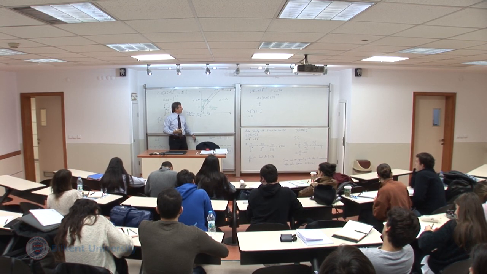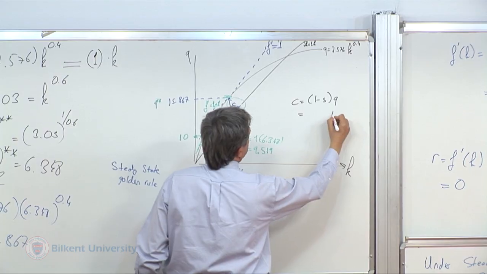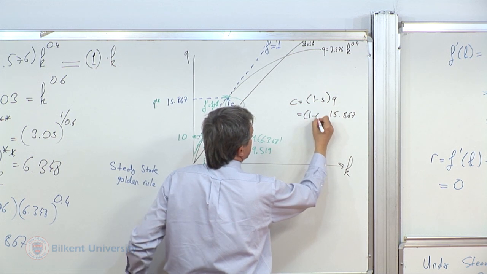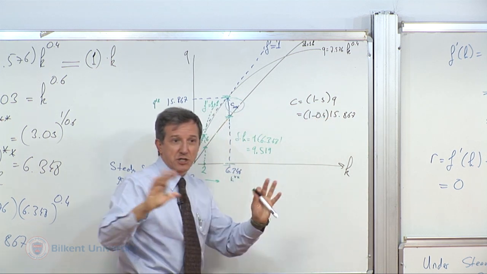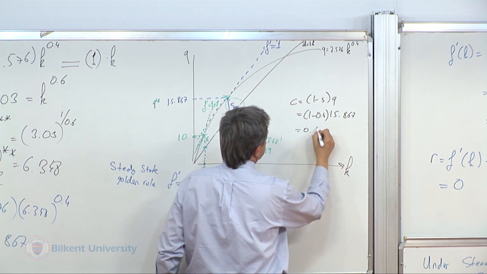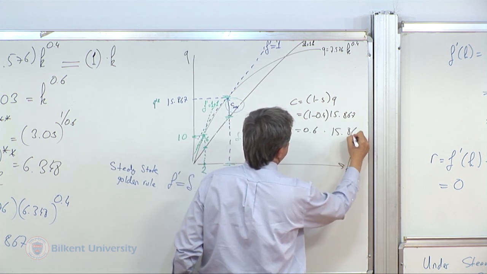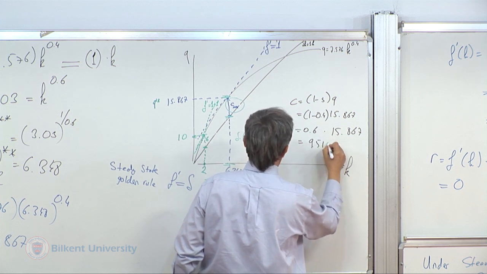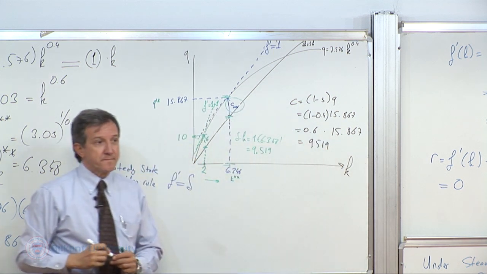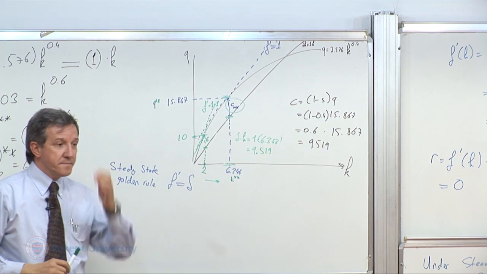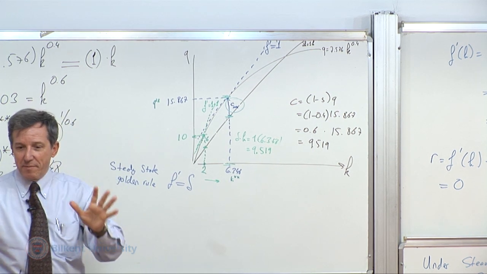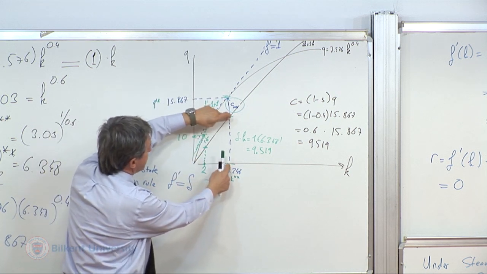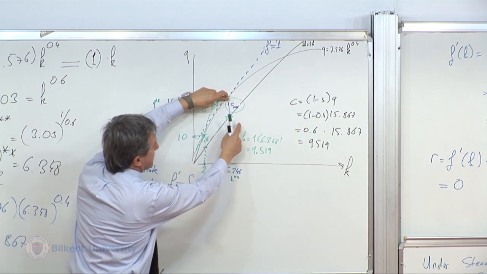Output is 15.867. S is 0.4. It had not changed. So this is 0.6 times 15.87, and this turns out to be that particular number. But it's the same thing, right? Total output minus delta K, and this is the remainder.